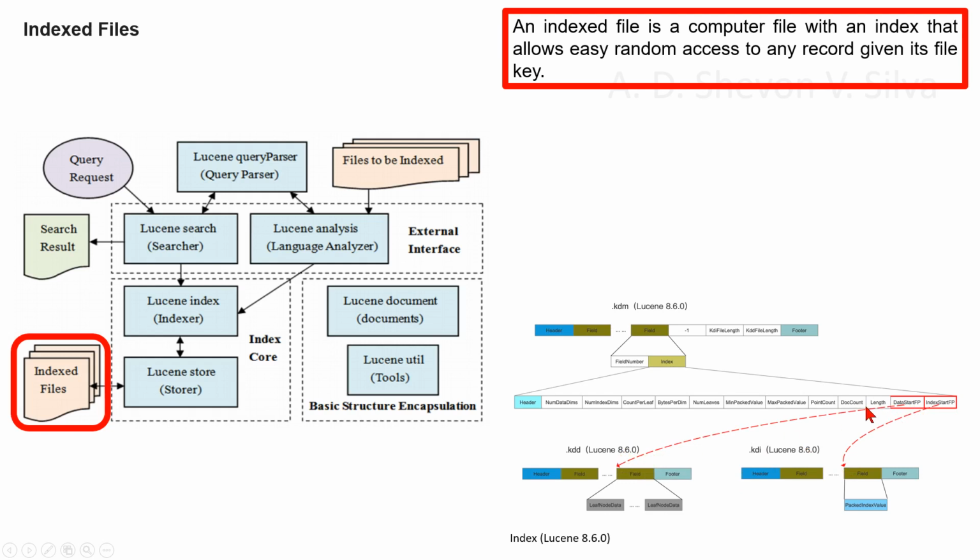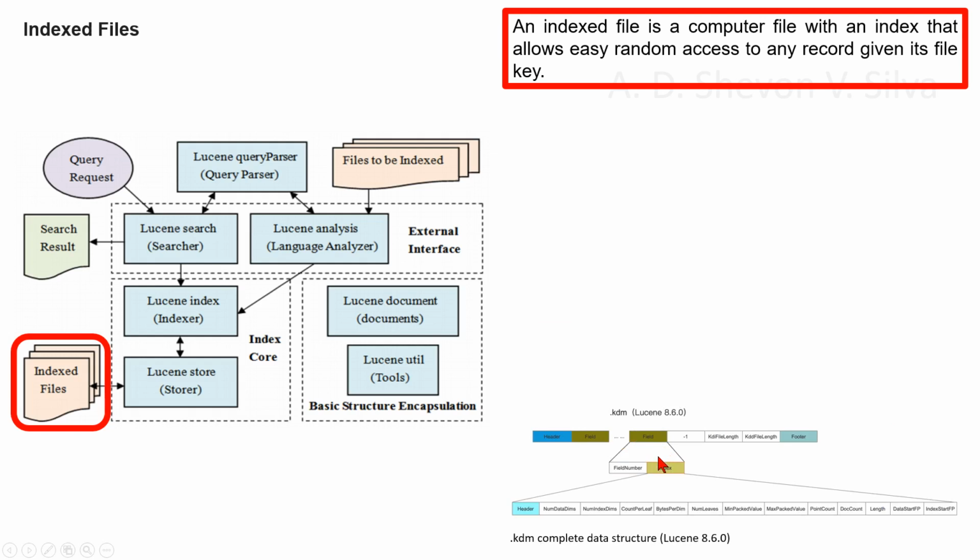Here the .kdd has a header, fields and footer. Field has left leaf node data segments. Here the index start fp is connected to .kdi. Here it has header, fields and footer, and field is a packed index value.